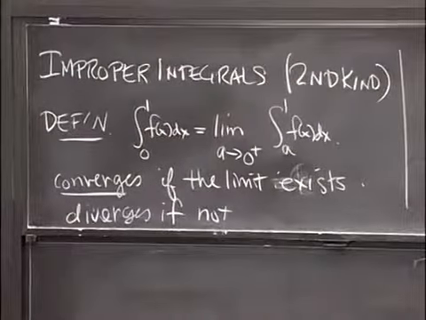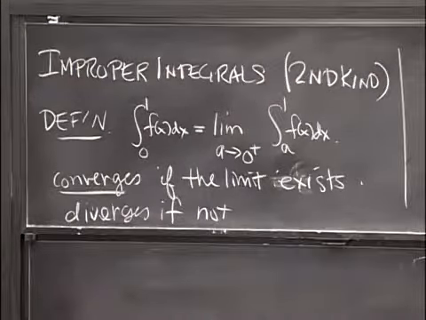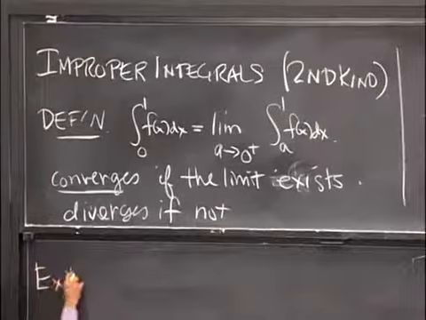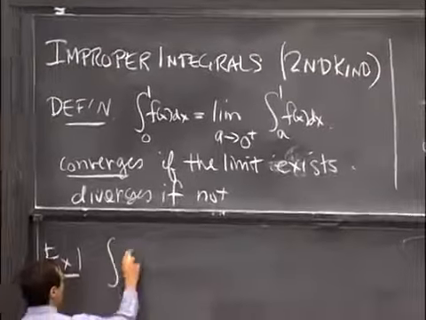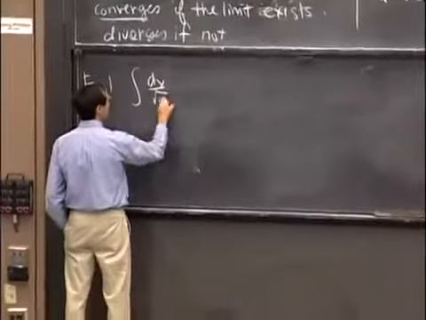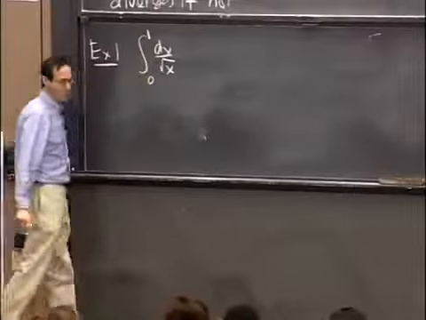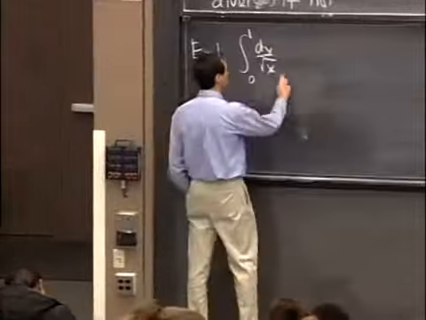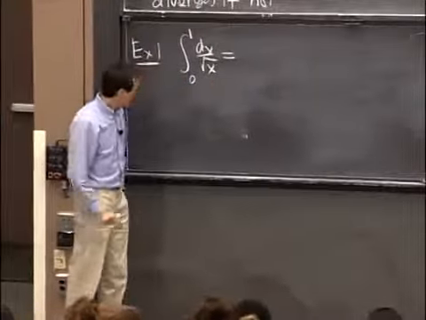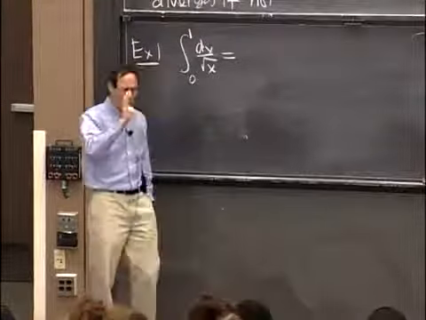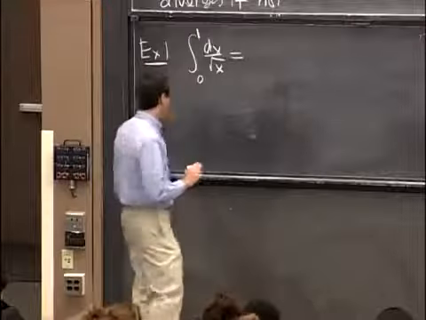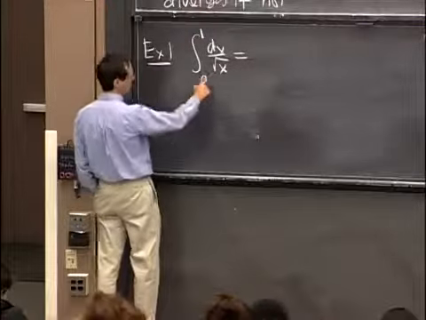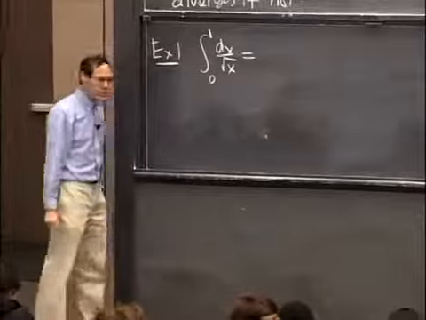Let's just take care of the basic examples. First of all, I wrote this one down last time. We're going to evaluate the integral from 0 to 1 of 1 over the square root of x. You almost don't notice the fact that this goes to infinity as x goes to 0.